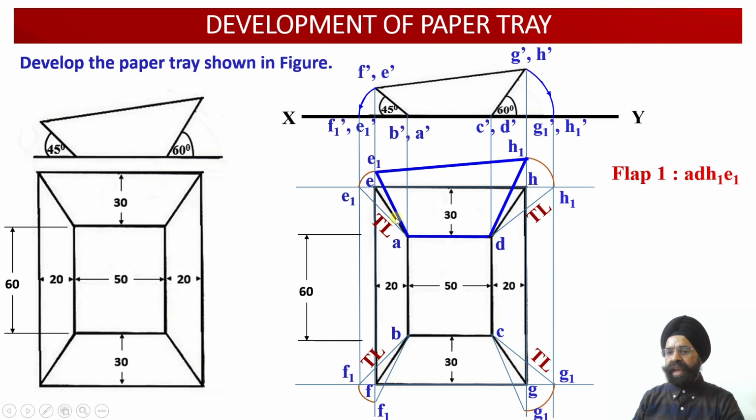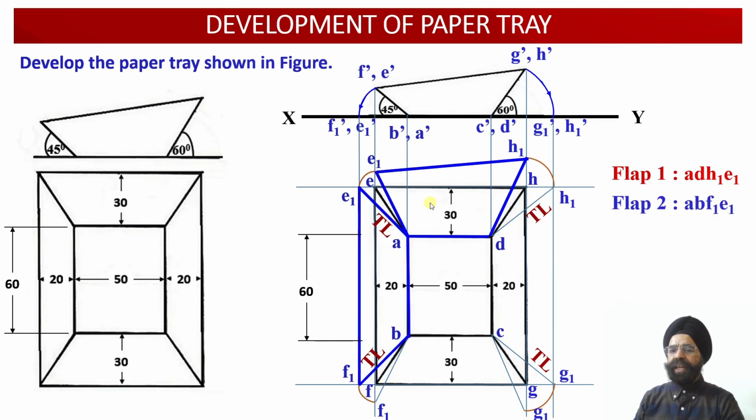So this is the apparent shape of the surface ADHE, whereas corresponding to this inclined surface of the paper tray, now the true shape happens to be ADH1 and E1 over here, right? So this is true shape of surface number 1 over here.